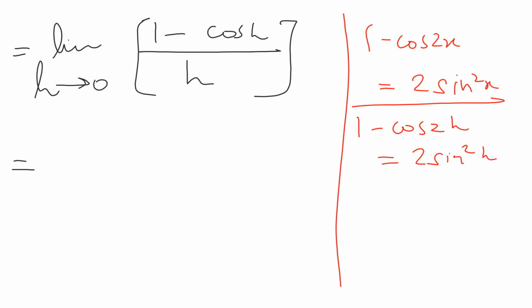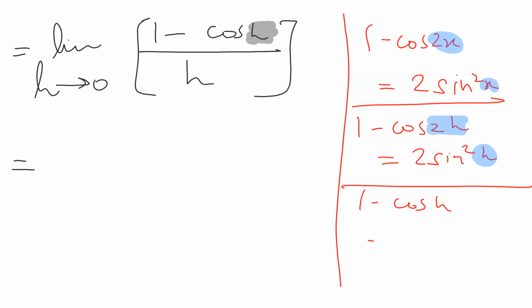What is happening over here is that 2x is halved, so we are dividing 2x by 2, so it becomes x. So 2h will be h, right? But in our problem, we are not having 2h, we are having h over here.